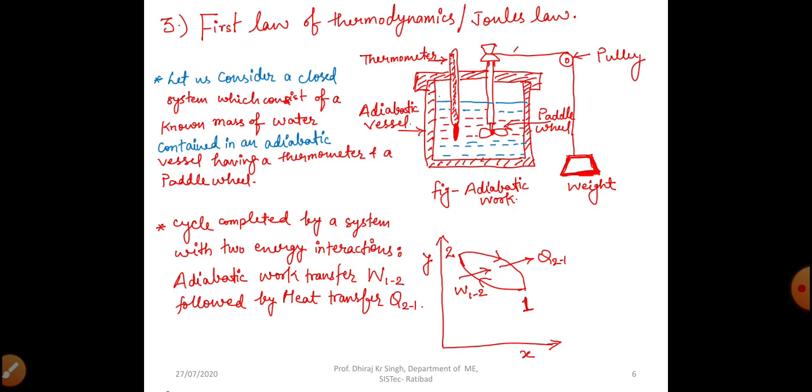The system thus executes a cycle which consists of a definite amount of work input W12 to the system, followed by the transfer of an amount of heat Q21 from the system. It has been found that this W12 is always proportional to this Q21, and the constant of proportionality is called Joule's equivalent or the mechanical equivalent of heat.